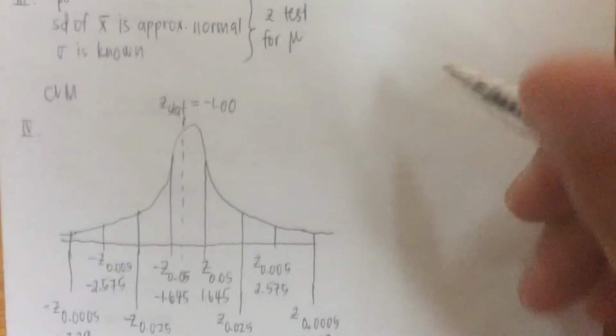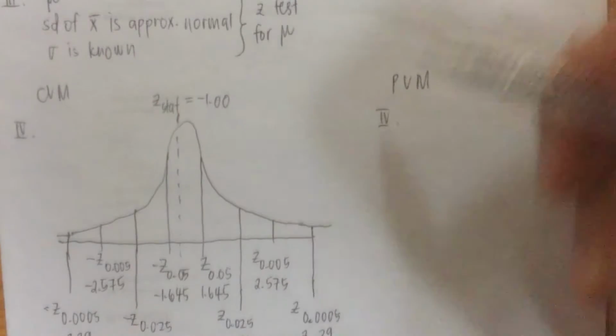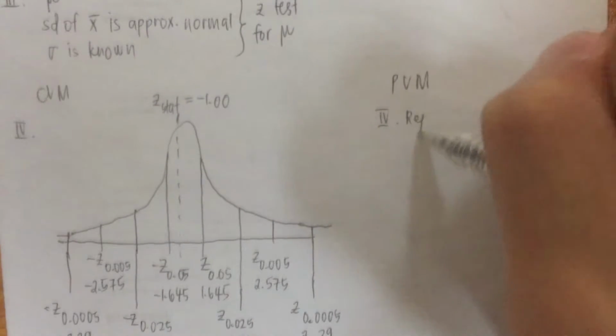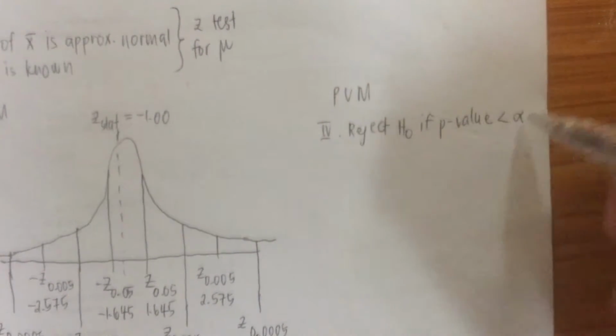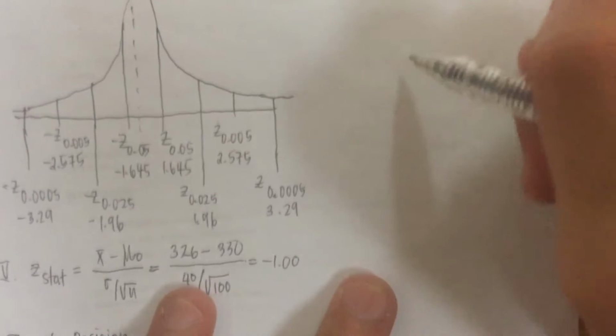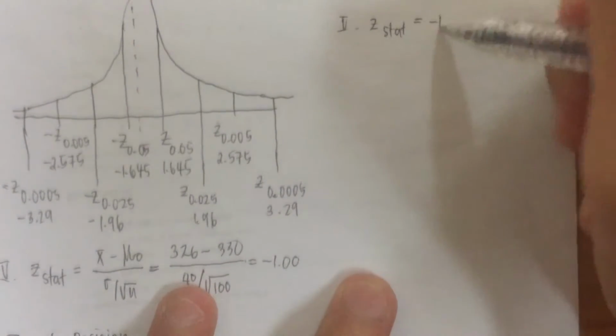Now, under the p-value method, again, the rejection rule is always the same. It doesn't change. We only reject the null hypothesis if the p-value is less than alpha. So in this case, the computed test statistic is -1.